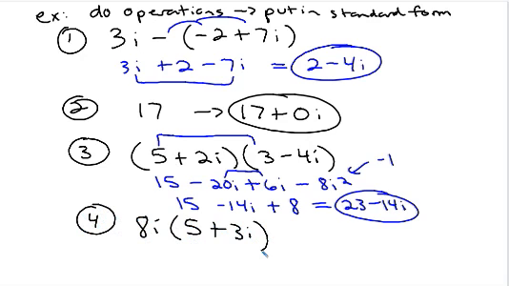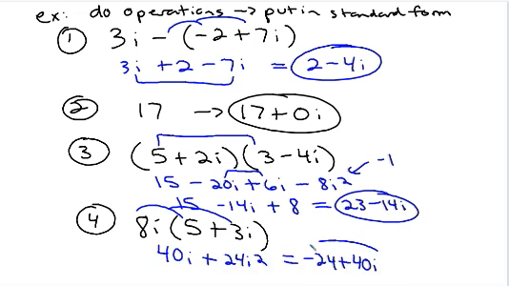You just do distributive property. Distribute, distribute, and you have 40i plus 24i squared. Remember that i squared is negative 1. So this is actually negative 24 plus 40i.